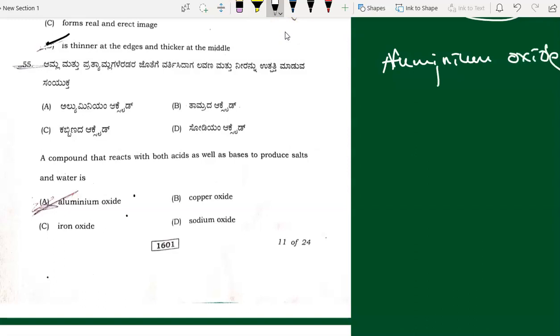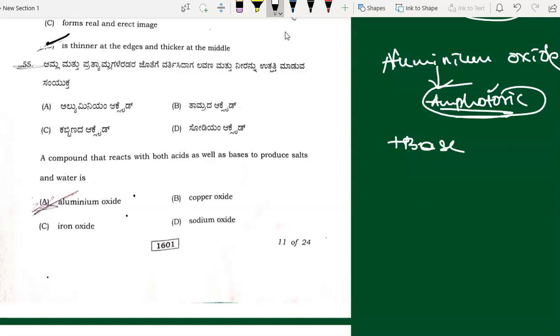Because it is amphoteric in nature, which reacts with both base as well as acid. So the first one is your answer. Let's go to the next question.